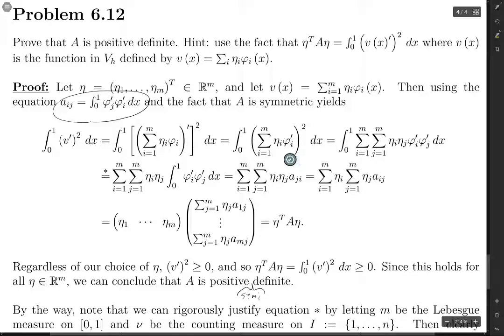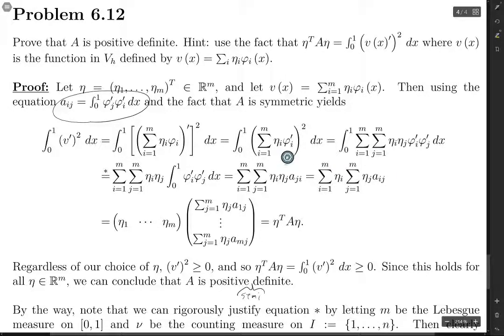Now, if you look at this sum, and think about squaring the sum, you take these eta i phi i primes for i equals 1 to m, and for each of those, if you consider any other eta j phi j prime, there will be one term which is the product of those two.